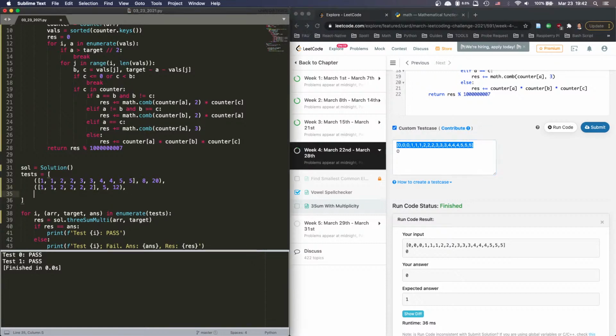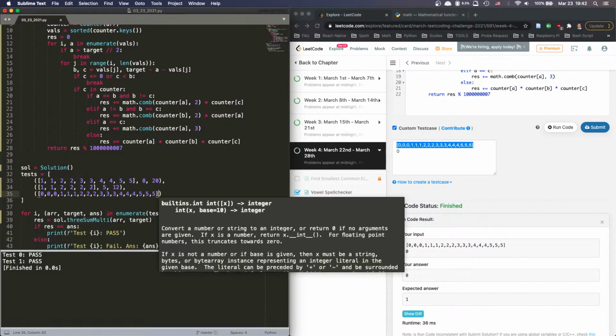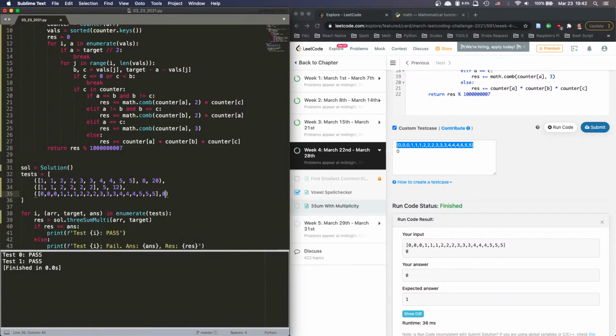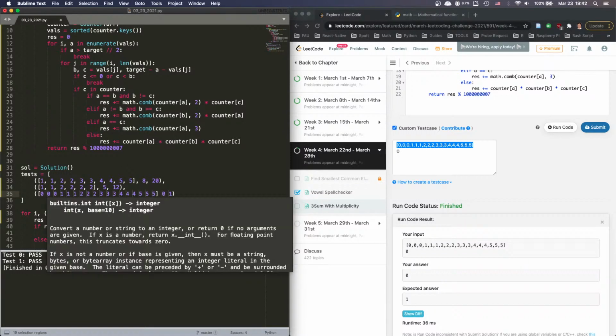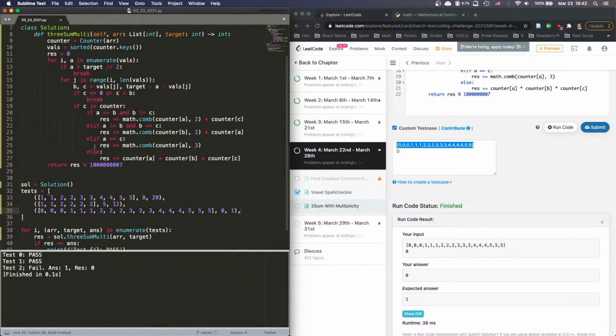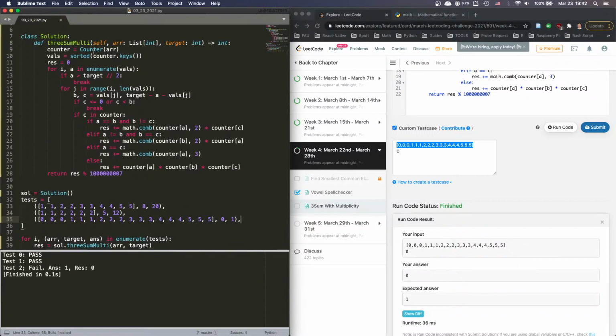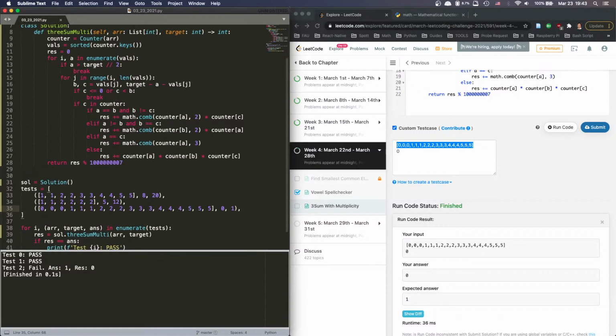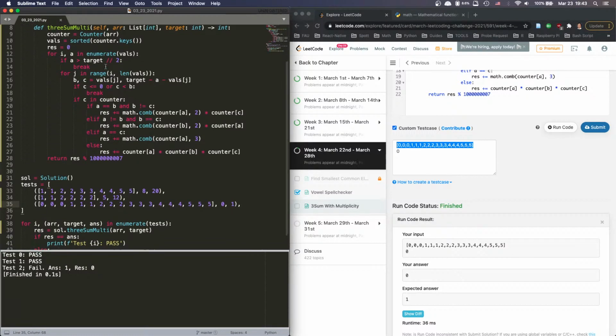So if we do 0, it should give us 1, but we are returning only 0. Why is that? Okay, so 0 is larger than target divided by 2, and our target is 0.